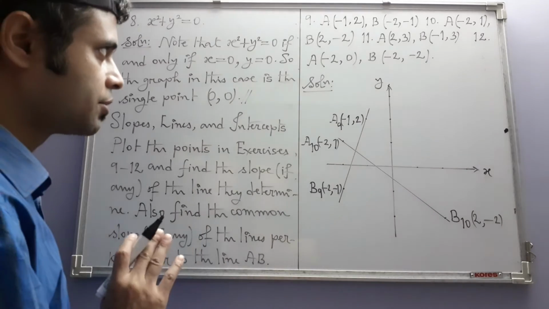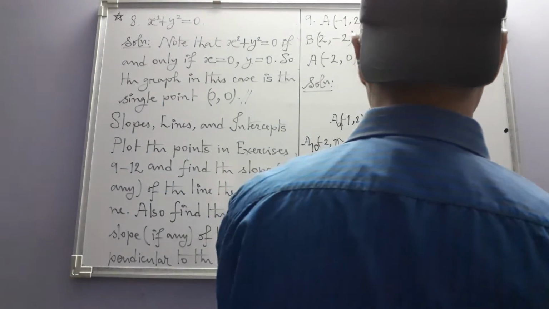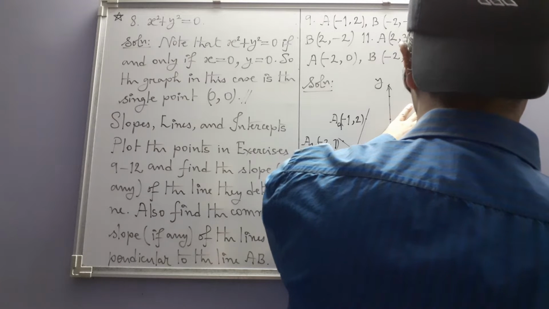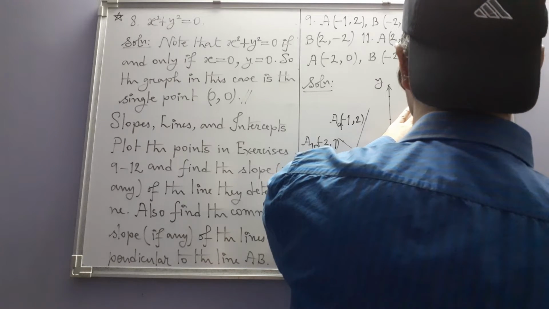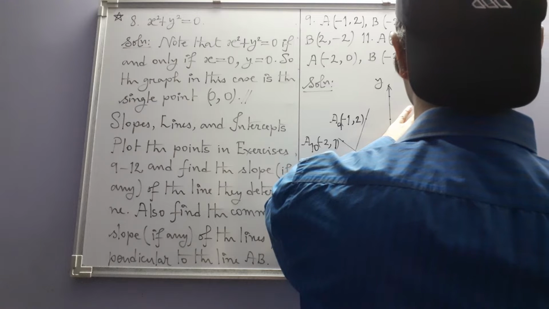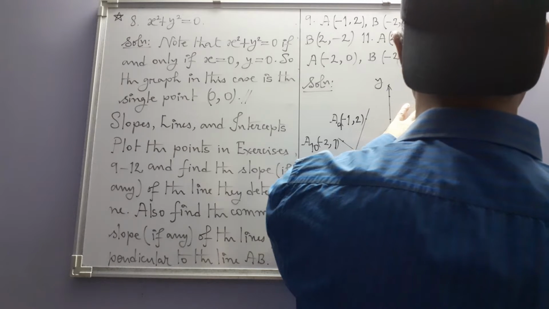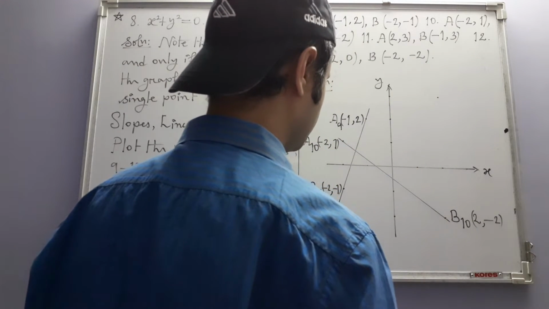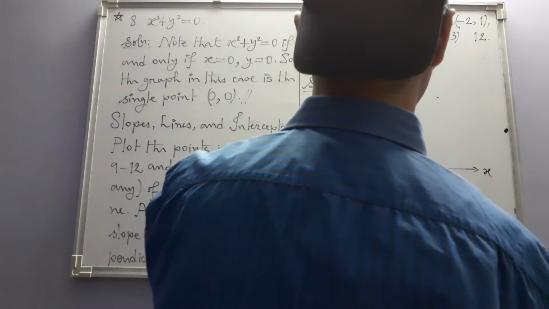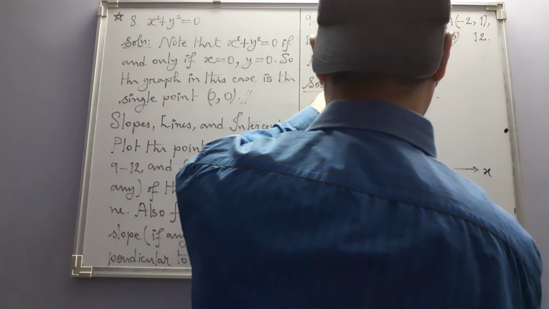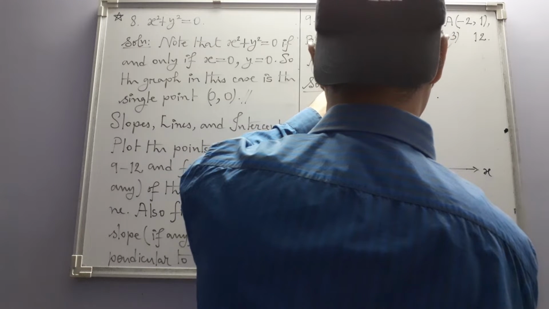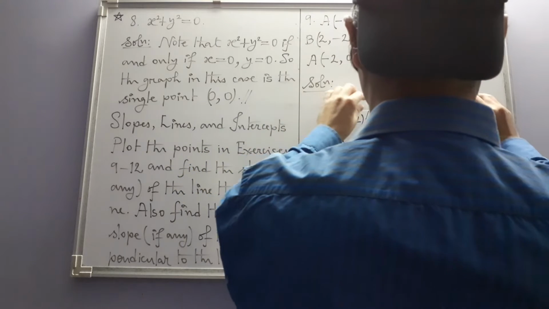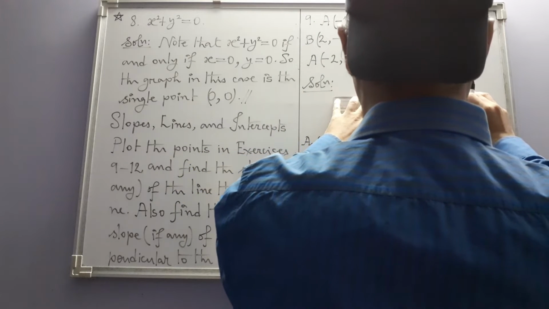Then the 11th one, A is 2 comma 3, and B is -1 comma 3. So this line is horizontal.